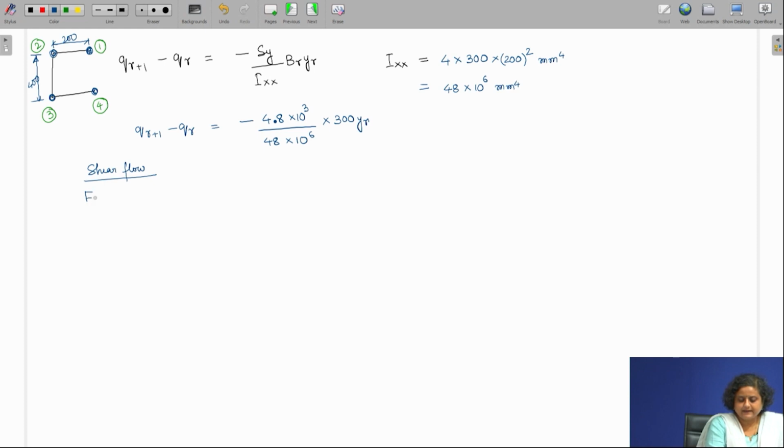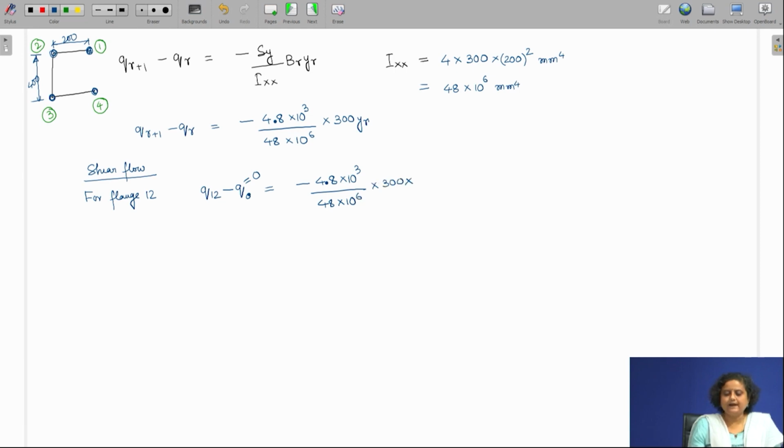So now for flange 1, 2, we have Q12 minus Q0, which is going to be equal to 0 because this is the open end, and that is going to be minus 4.8 into 10 to the power 3 by 48 into 10 to the power 6, now Yr is going to be that of Y1 and this is B1.